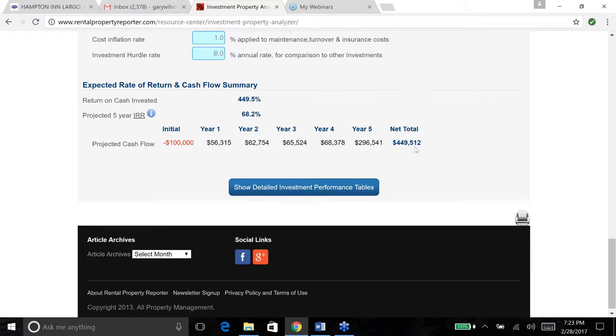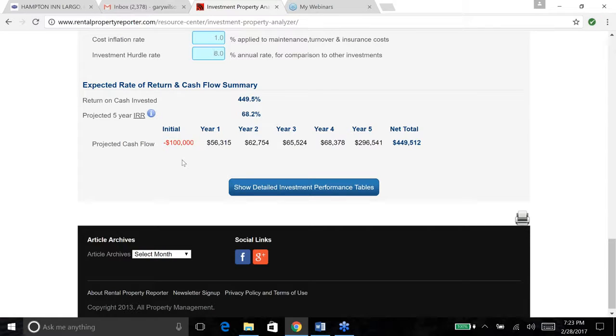And you can see right here, net total, you put down $100,000, but remember your income is based on a $500,000 property. That's the thing about real estate, it's expected to be leveraged, so your rate of return is much higher because your return is based on the total price of the property, not just what you put for the down payment.